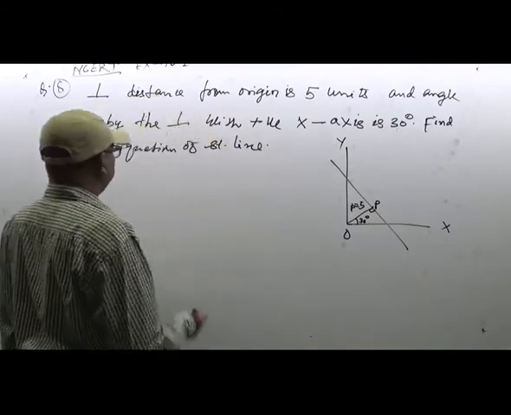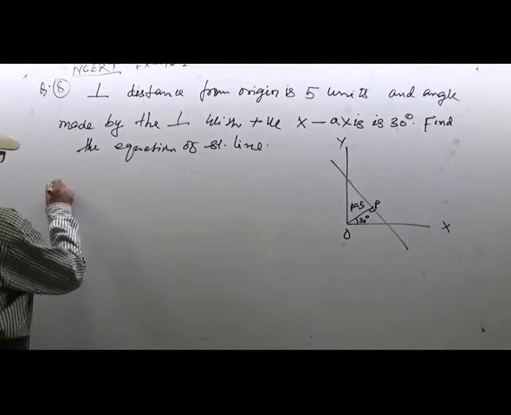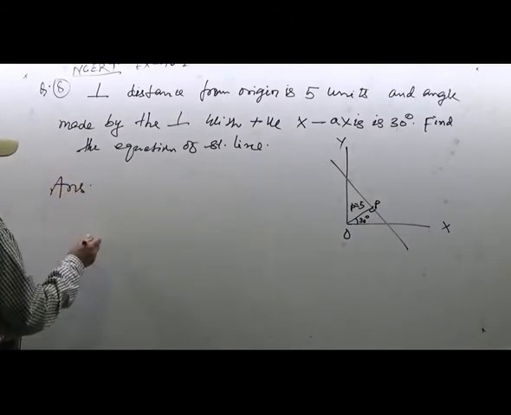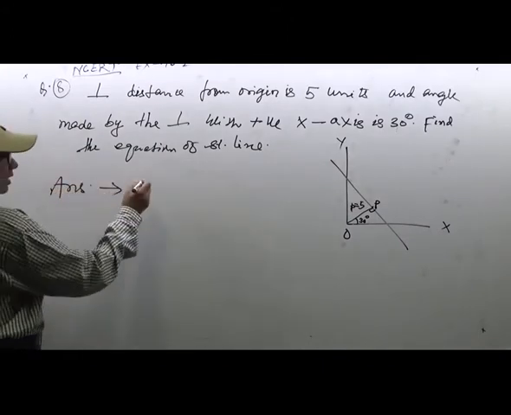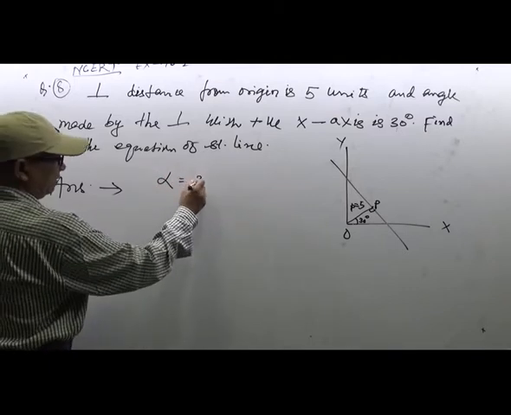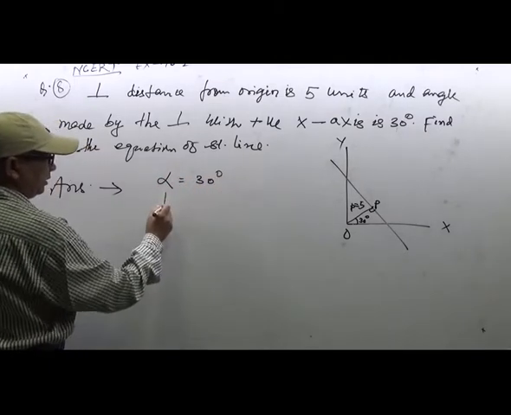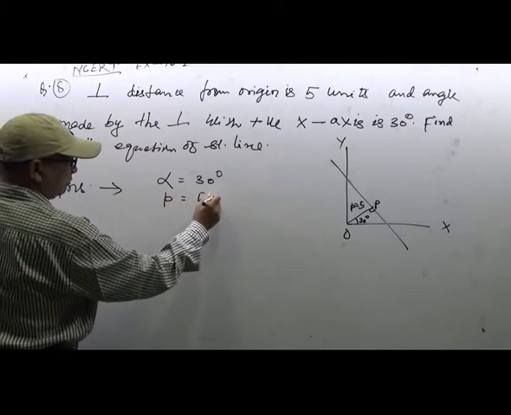So here, alpha is equal to 30 degree, P is equal to 5 units.